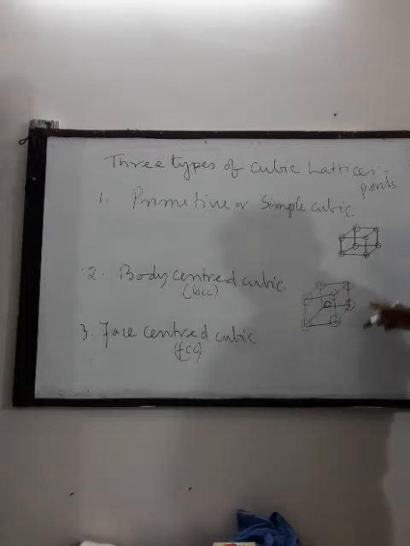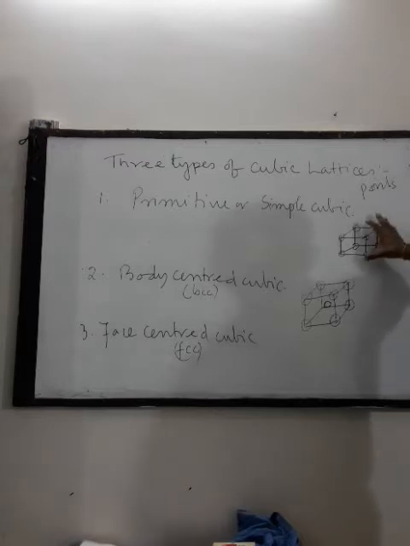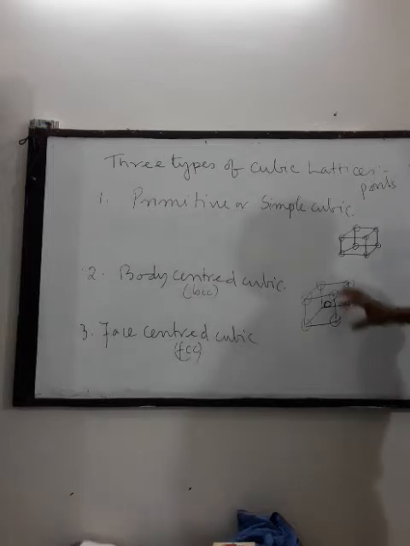So this is called body-centered cubic, known as BCC. So this is simple cubic where points are present at all 8 corners of the cube. In case of body-centered cubic or BCC, atoms, molecules or ions are present at 8 corners and one at the center of the unit cell.